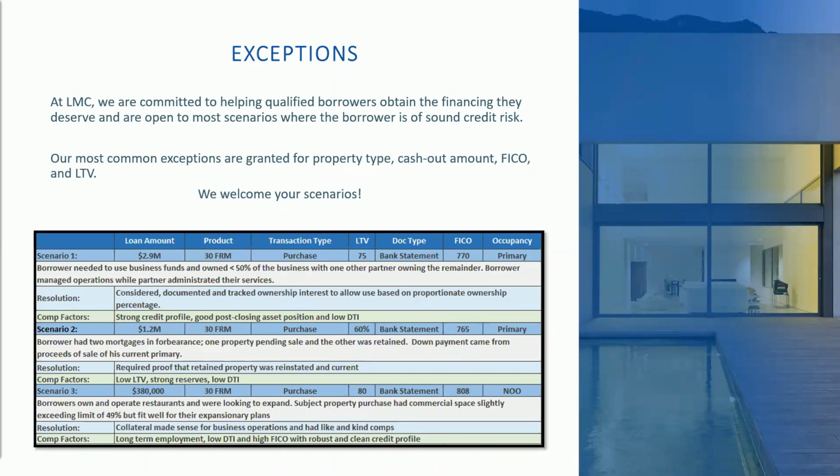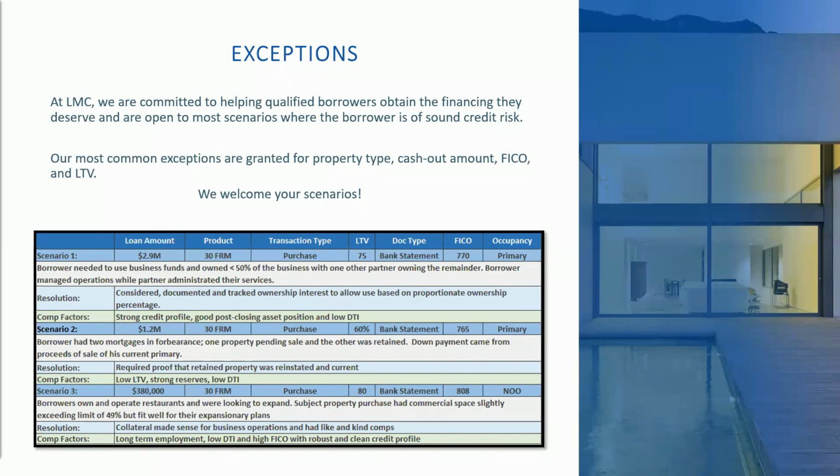So the first one at $2.9 million, 30-year fixed. It was a purchase on a bank statement loan. These are all bank statement examples. Great credit, right? 770 and 75 LTV. So the borrower did need to use business funds, which, remember, you need to own 51% of the business. Well, they actually owned less than half of the business, but they did have it with one other partner. So we were able to document their ownership, track the percentage, and they still qualified based on their portion of ownership.